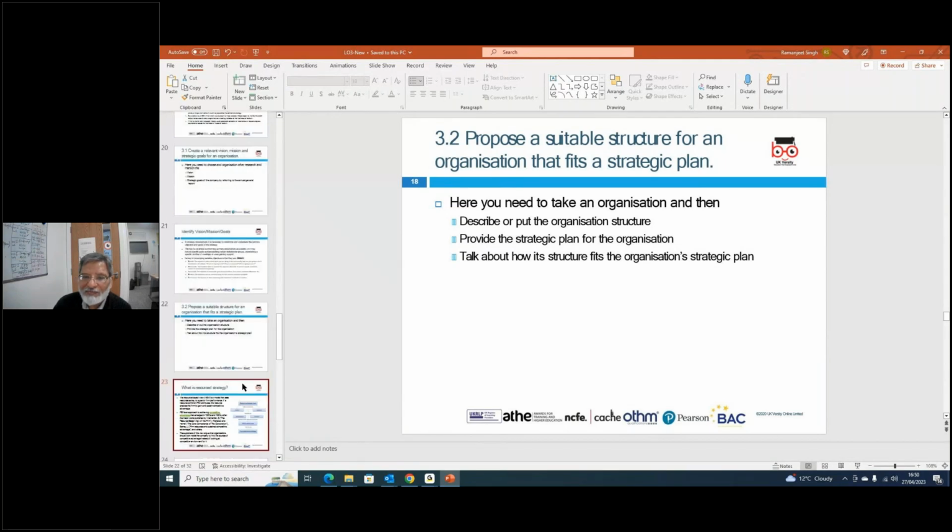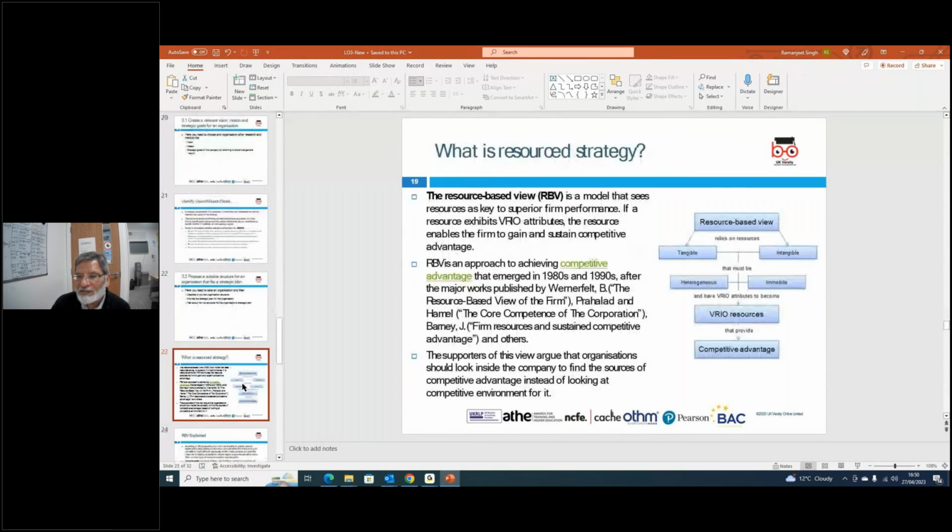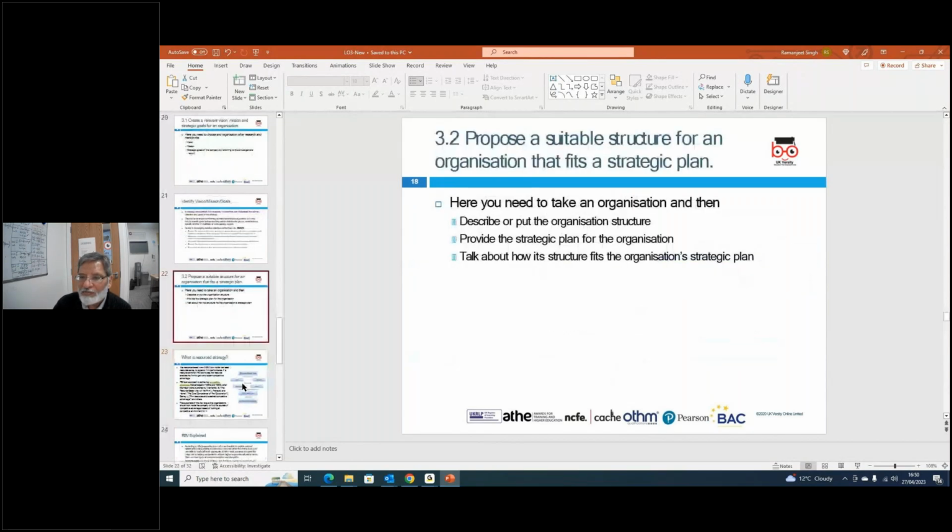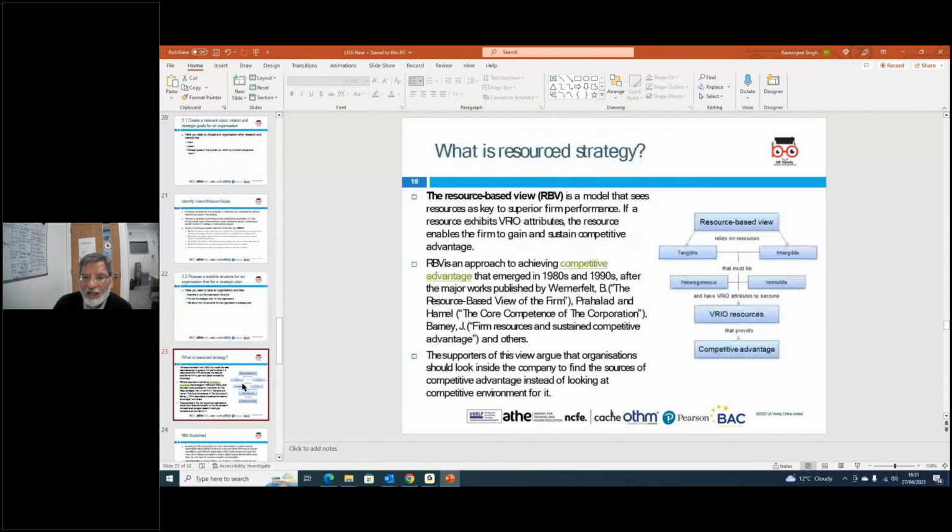Okay. The next thing we need to look at, 3.2, is to propose an organizational structure, or organizational plan, organizational map. I'm sure you need to put that across.